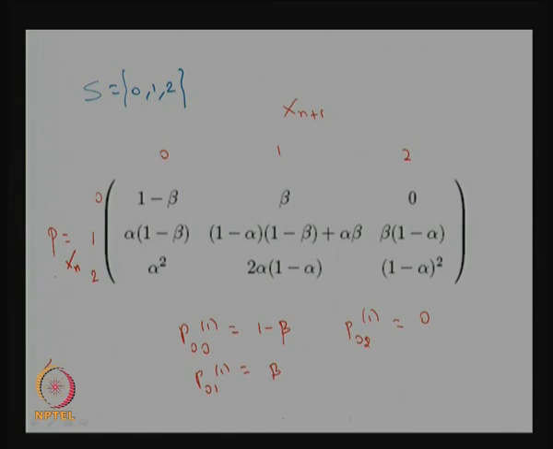Based on the given information, we can make a one step transition probability matrix, that is, the probability with which the system moves from state i to j in one step. This exercise we have done in lecture 1.